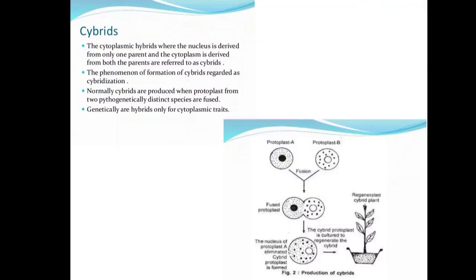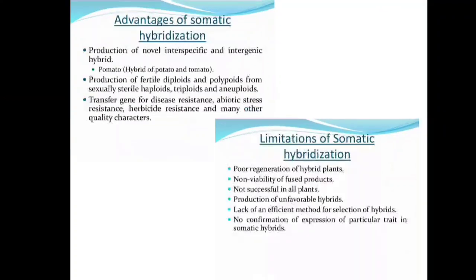The application of these hybrids may be a wonderful technique where the desired cytoplasm can be transferred in a single step. These hybrids are important for the transfer of cytoplasmic male sterility, antibiotic and herbicide resistance in agriculturally useful plants.